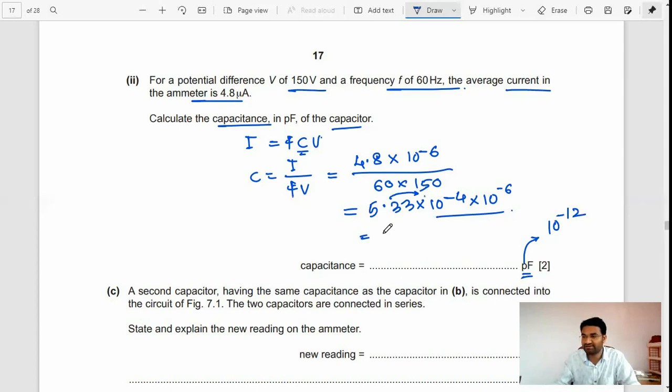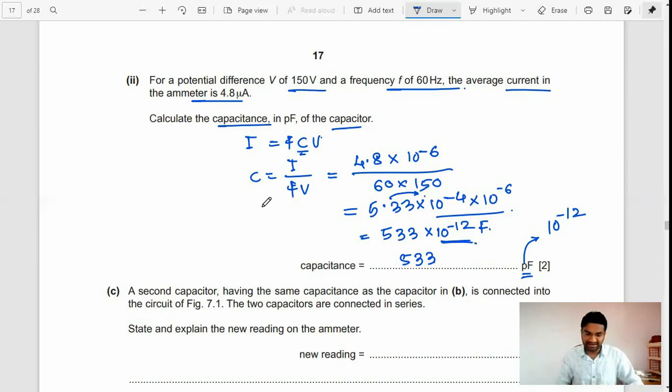So it's 533 times 10 raised to negative 12 farad. So just write down here 533 picofarad. It's nothing but 533 times 10 raised to negative 12 farad. Getting it? You just have to adjust a little bit to get 10 raised to negative 12.